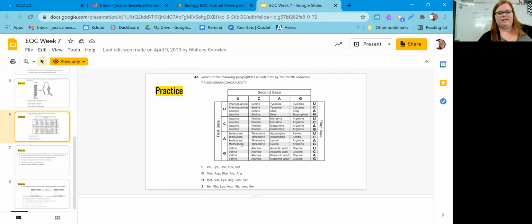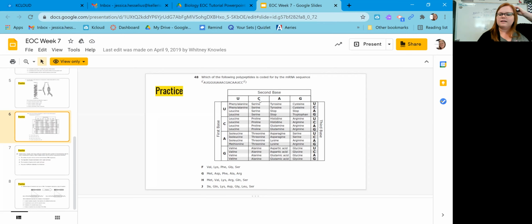So it's methionine. Now let's do AUC, our next codon. Again, we start with A, and again, we start with U. But because C is our last letter, isoleucine is the correct amino acid in this order. And then our next codon was CCA. So C, first base, is in this row.